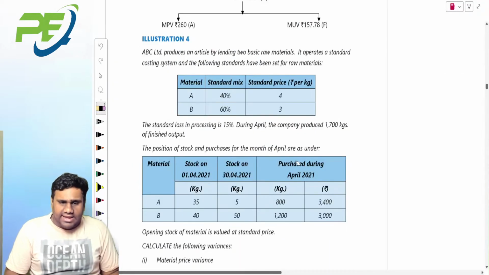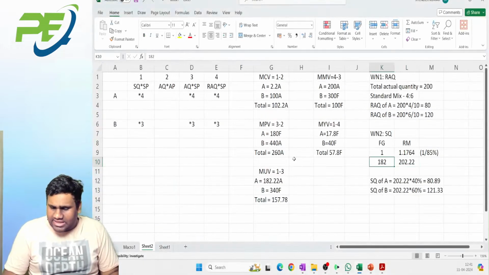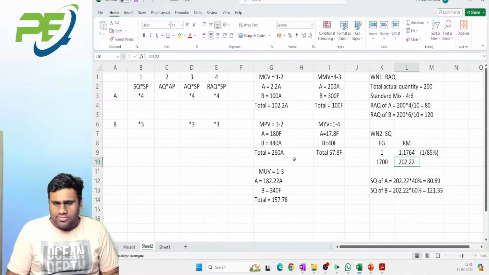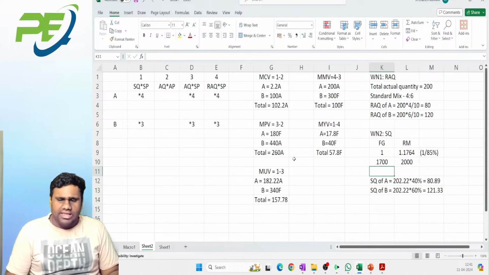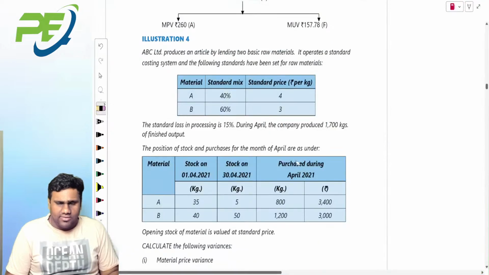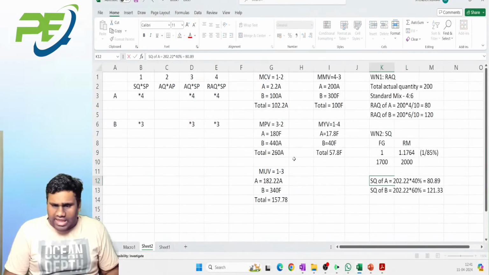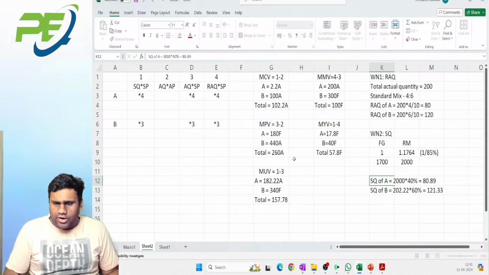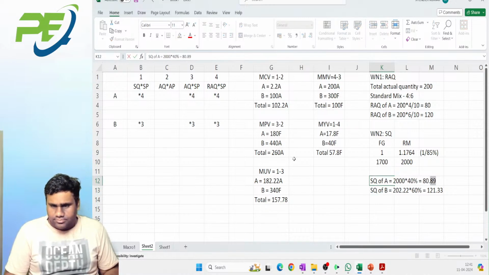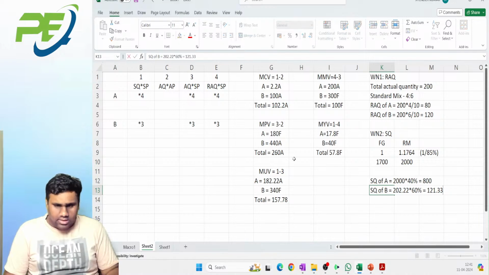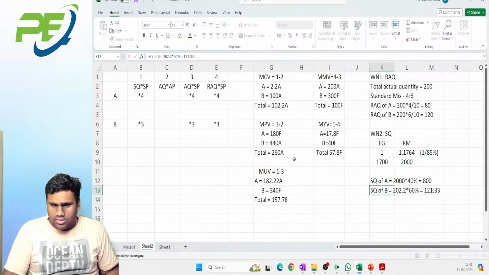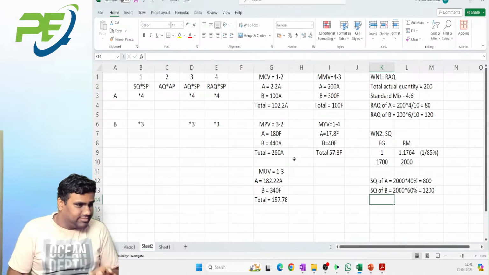How much raw material is required for 1,700 kg? 2,000 kg of raw material required. And SQ of A, 2,000 into 40%, is 1,200.